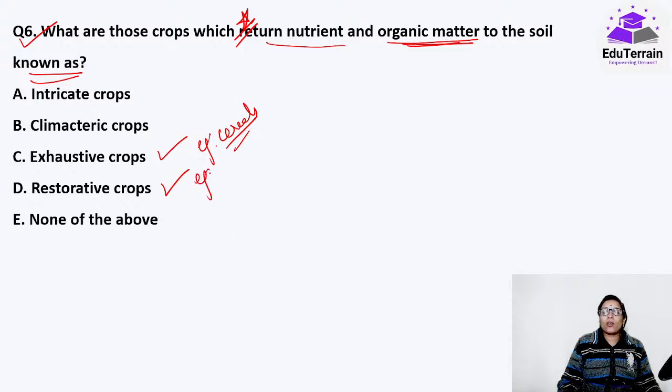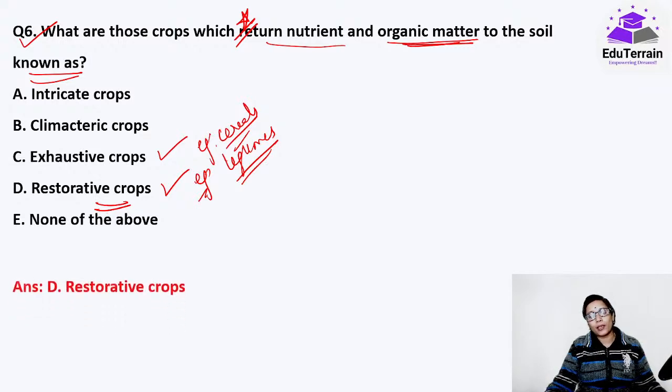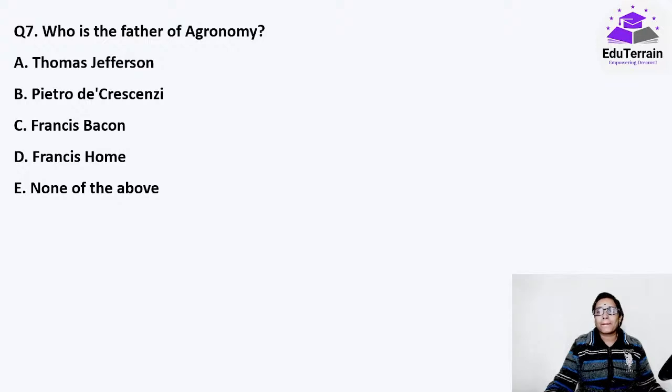So these are called the restorative crops because they are restoring the fertility status of the soil. Example, legumes. जो भी leguminous family members है, like your all kinds of grams, peas, they all fall under this particular section, restorative crops. Yes, exhaustive crops where they remove the nutrition from the soil. Okay.